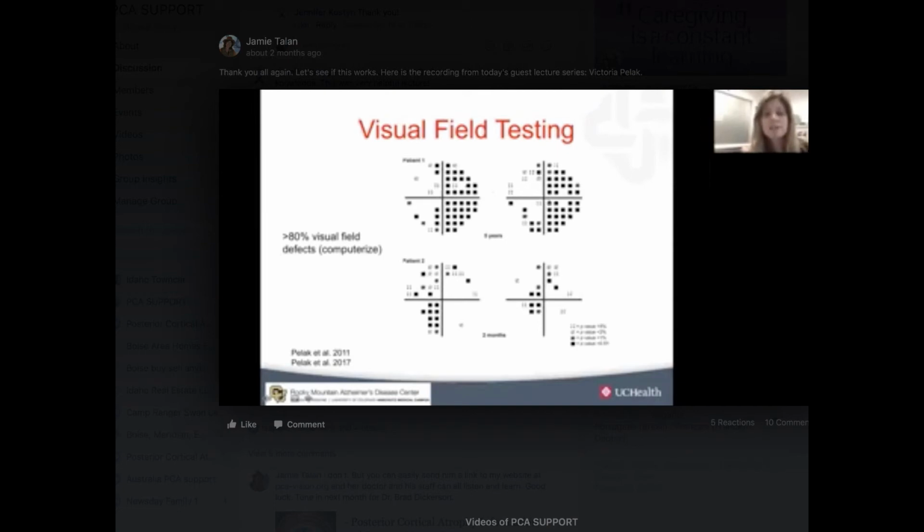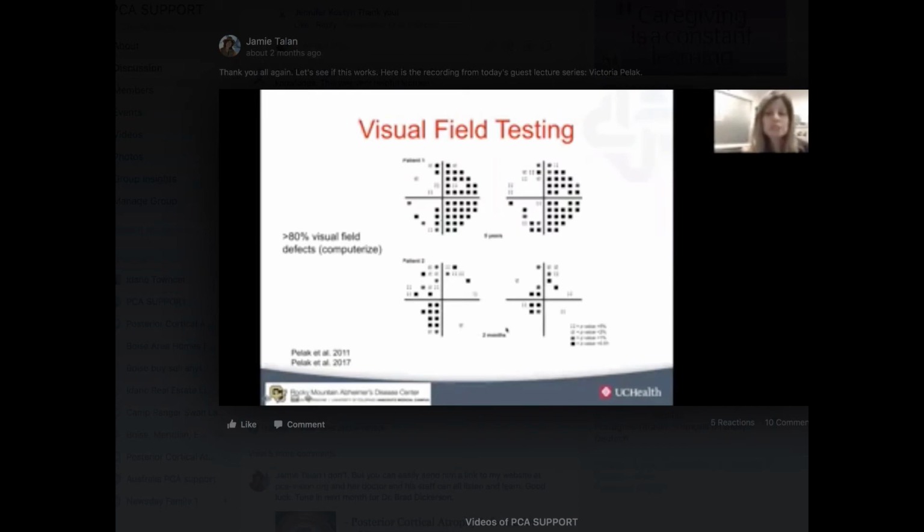And so if this were the right eye to the right of the screen and the left eye to the left of the screen, you can see that patient 1 is not seeing very well off to the right. And this is 5 years into the symptomatology. We've seen patients even 2 months into the symptomatology where they cannot see well off to the left in this patient 2 example, and that the visual field problem has already started even when a person is only at 2 months.